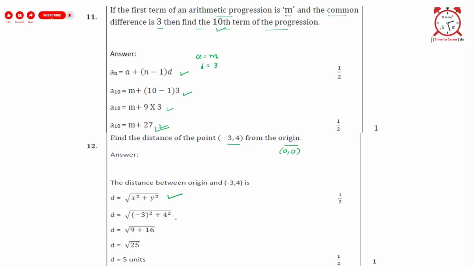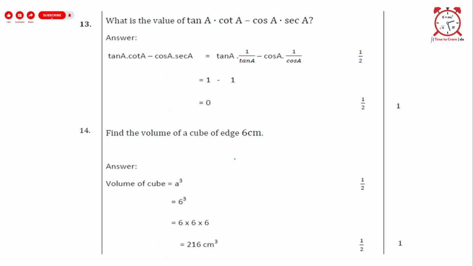After keeping all the values properly, we have square root of 25, and the answer is 5 units.